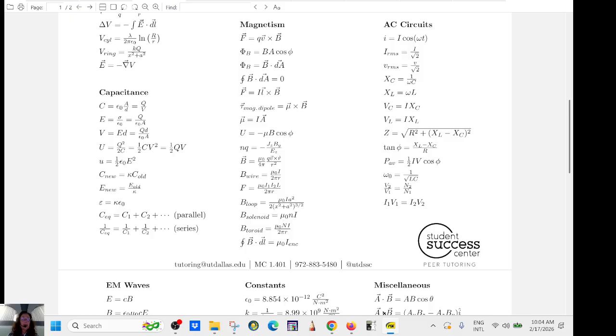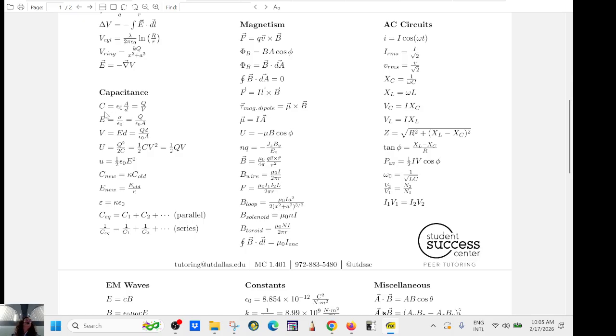For a parallel plate, do you have the equation for a parallel plate? It's not there. Yes, it's there.